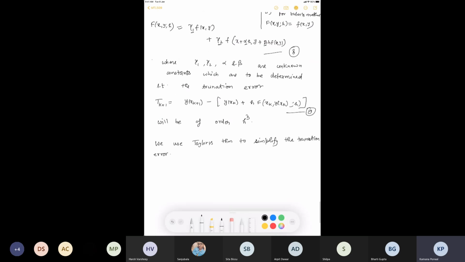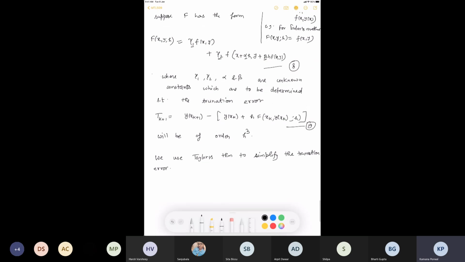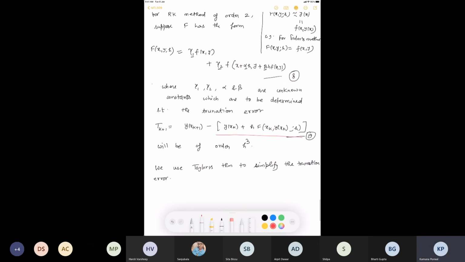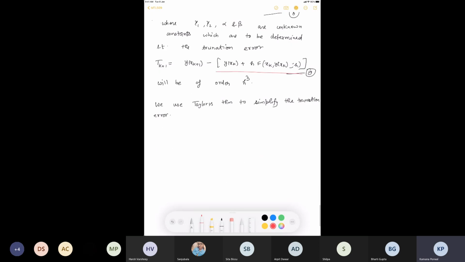So let's start. So let's look at this term first. Okay, so y at x_k is okay. There's nothing I can do here. In the second term, I have to see what is capital F. Capital F is given by this 8, right? So let's write it down.